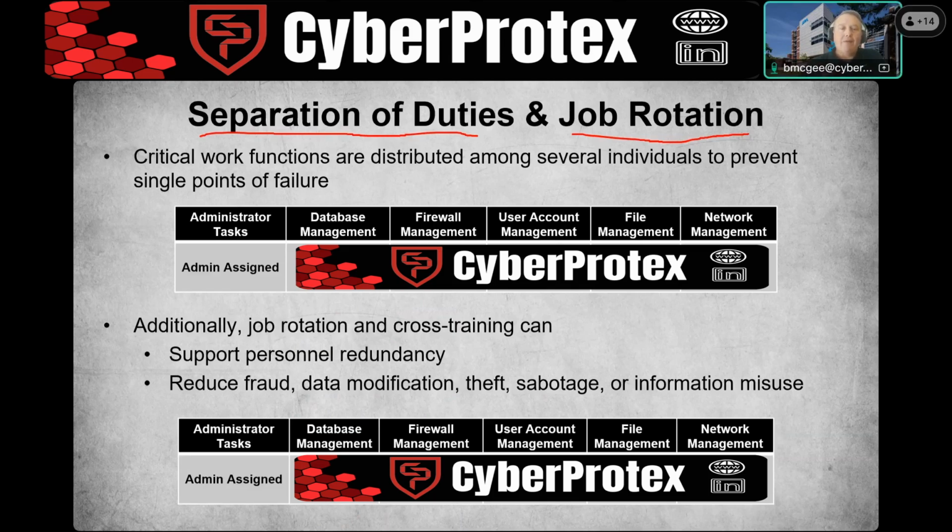And so by enforcing separation of duties, we can typically do that because, as you see on the screen right here, we try to prevent any single points of failure, but also if they want to do things that are bad, they'll have to get in bed with somebody else from another department.